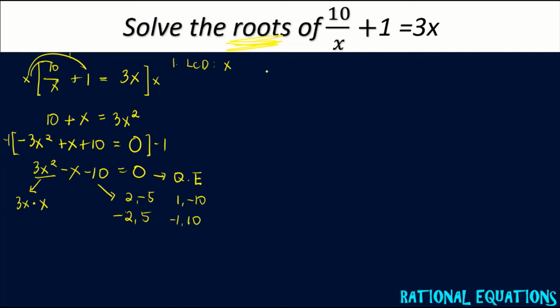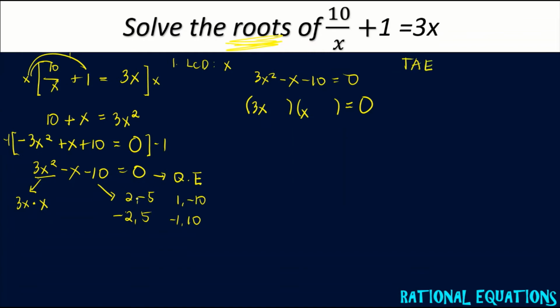So, to solve for this, we have 3x squared minus x minus 10 equals 0. Okay, and then kapag pinactor natin, we have two sets of open and close parentheses, then equals 0. And then, lagay natin dito si 3x and then we have this x. Again, using the trial and error, try natin yung last terms natin.